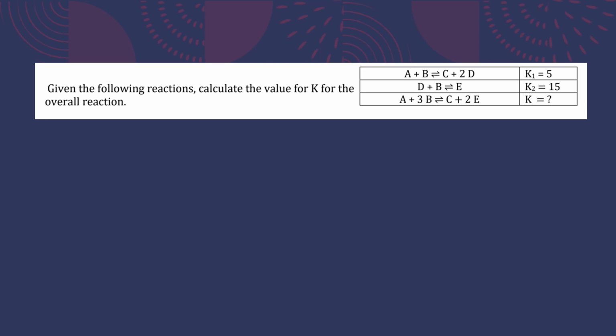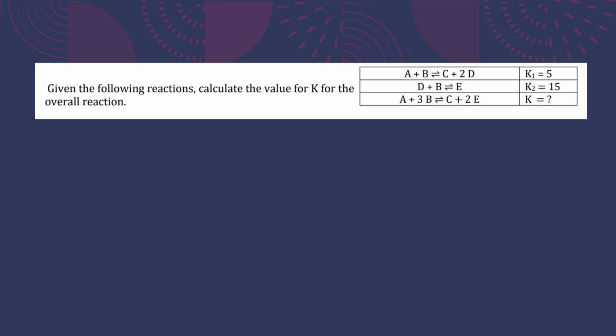So let's look at how they end up combining it at the end. We end up with A plus 3B produces C plus 2E. And what is the overall K? That's what we're trying to find here.